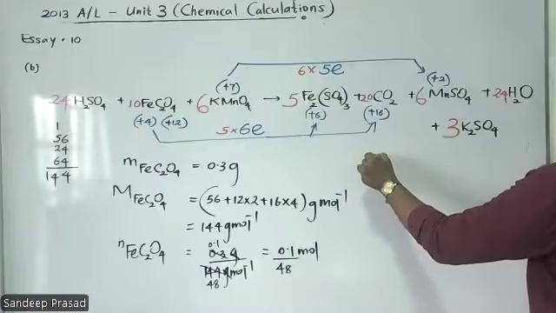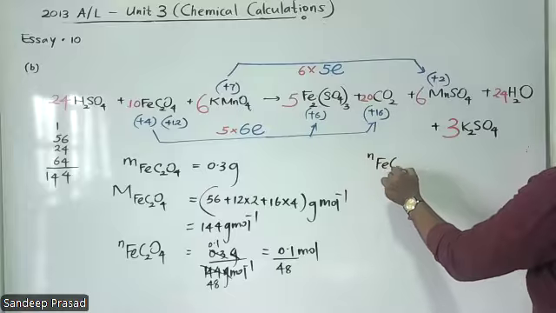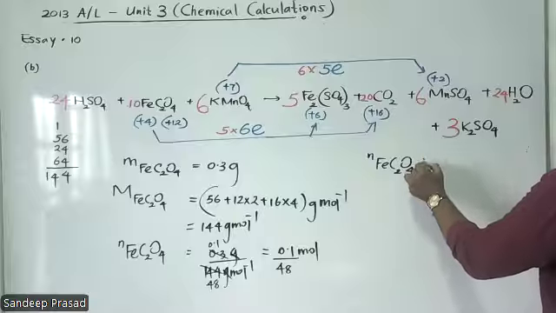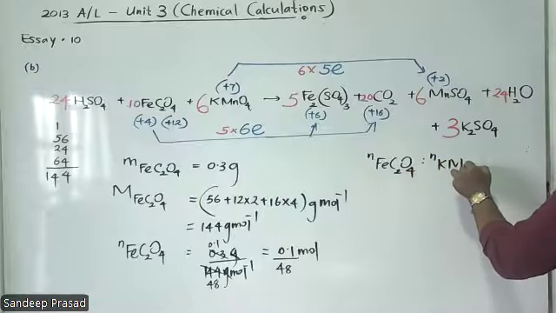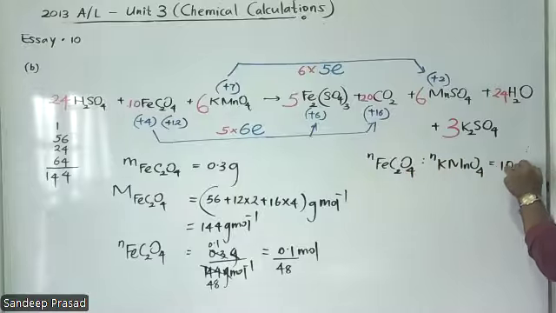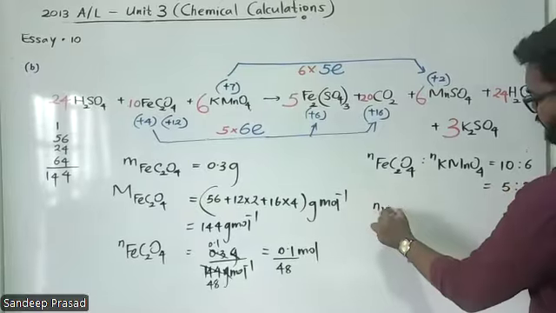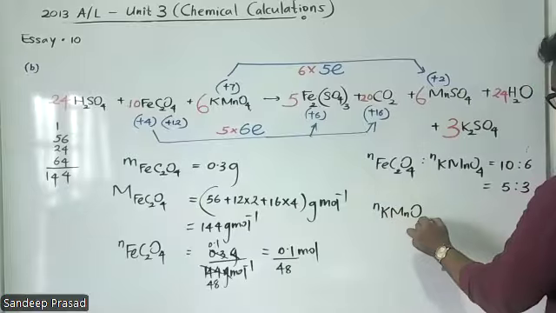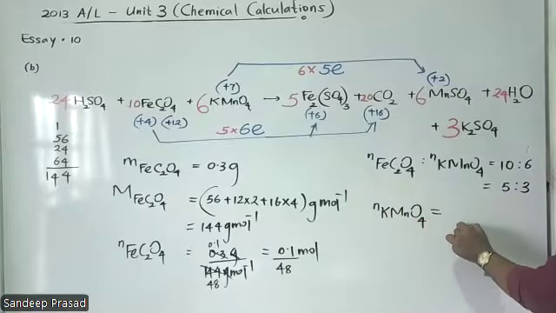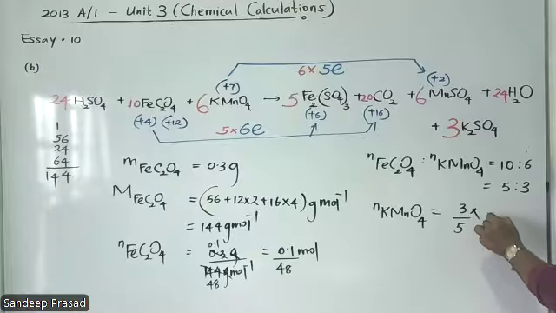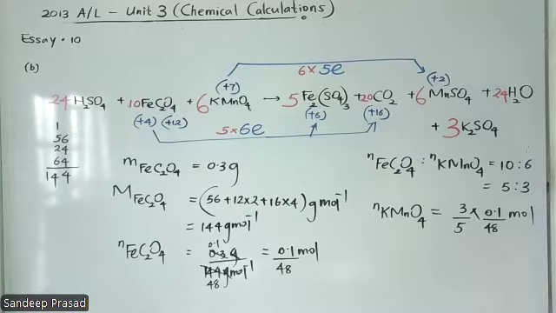So what is the reaction stoichiometry between ferrous oxalate and potassium permanganate? 10 is to 6, which means 5 is to 3. Then I can find out the potassium permanganate number of moles. For 5, we have 3. So this 0.1 over 48, how much we have? Okay.